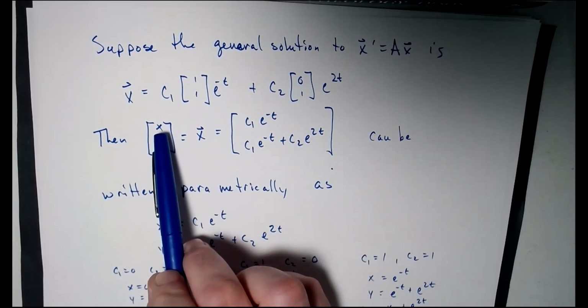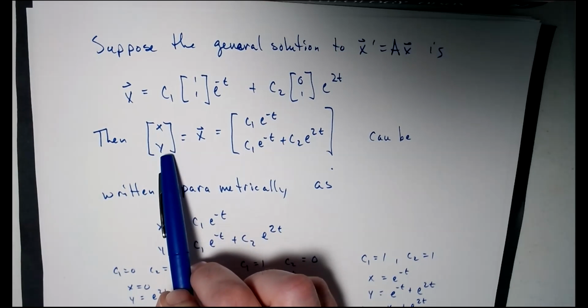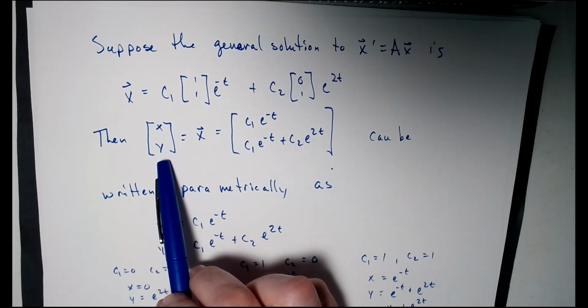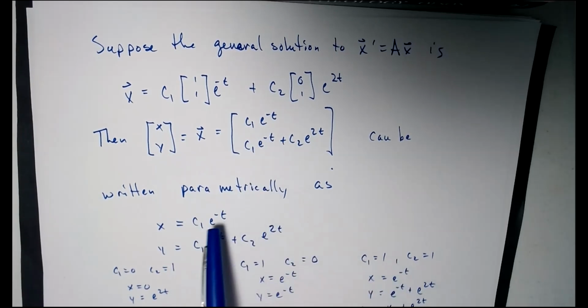I'm going to call them x and y because that's how we're going to graph them. Normally we would call them x1 and x2, but when we graph parametrically, we're assuming that typical xy relationship. So little x will be equal to c1 e to the negative t, little y will be equal to c1 e to the negative t plus c2 e to the 2t.